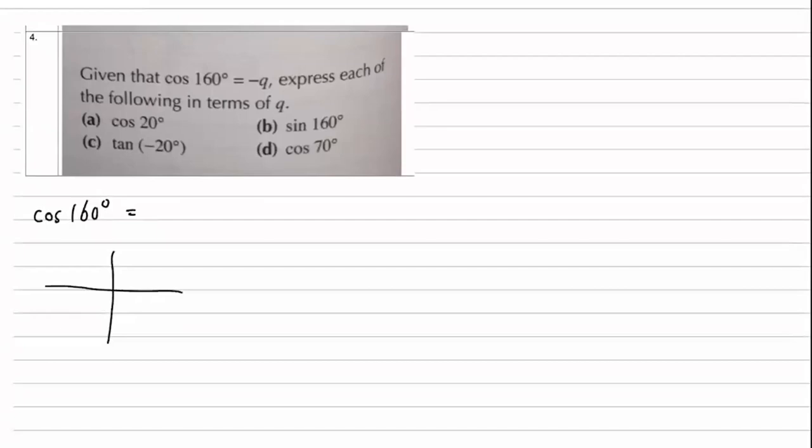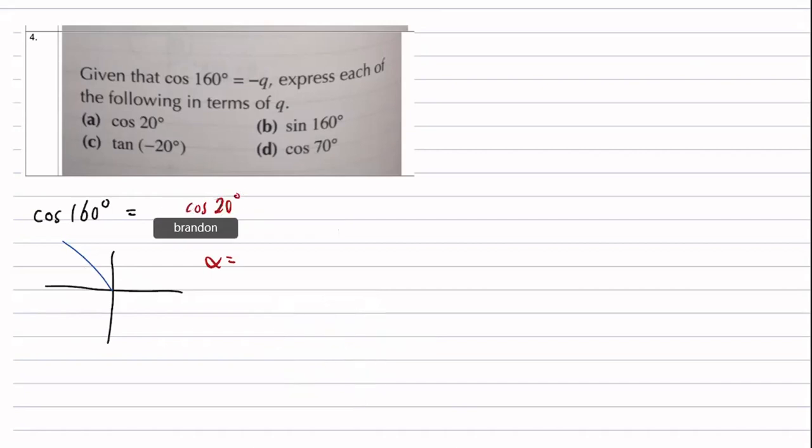You should automatically do it even without instruction. Convert into basic angle. In terms of basic angle, what would it be? 160 is positive, so alpha equals 20, cosine 20.